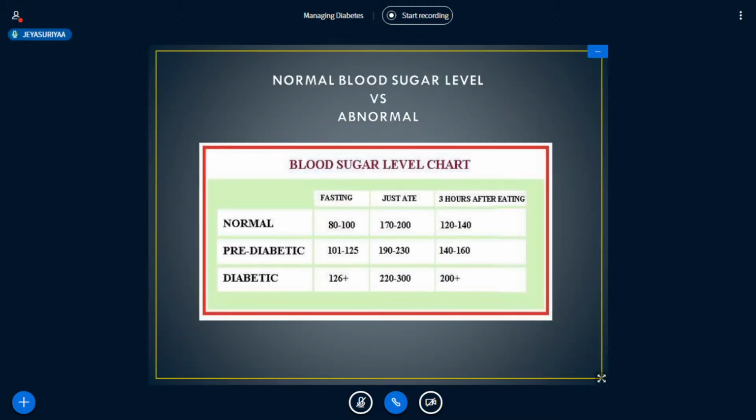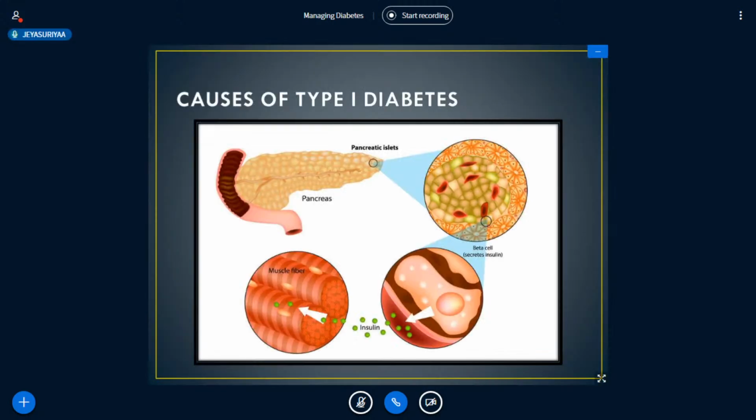Now, coming to what are abnormal and normal levels of blood sugar, you could see on the slide the normal, pre-diabetic and diabetic levels of blood sugar at fasting, after having a meal, and after 3 hours of eating. Now, coming to the concept of what causes diabetes, that is, what causes type 1 diabetes.